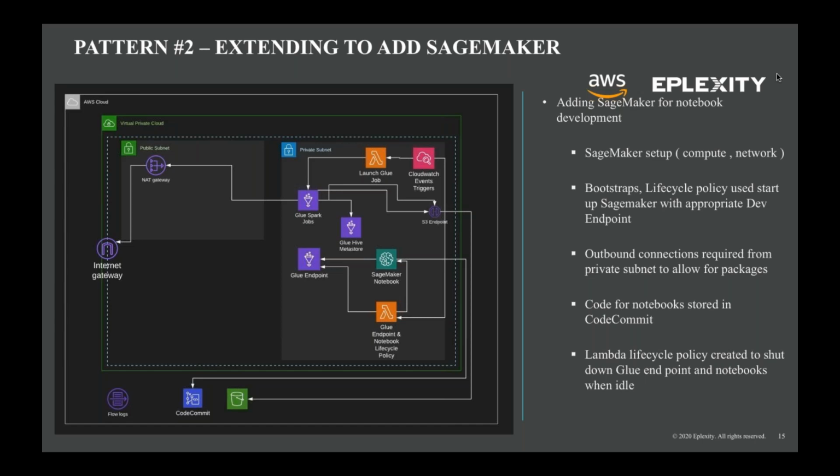As you go through this, and again this goes back to experience, you definitely look at bootstrap and lifecycle policies to start up SageMaker and not necessarily always keep the Glue endpoint. If you don't have the SageMaker notebook running, the Glue endpoint is still there. So in our case, at CityPlexity, we write specialized Lambda policies to shut down that Glue endpoint and only have it running when the notebook actually needs it.